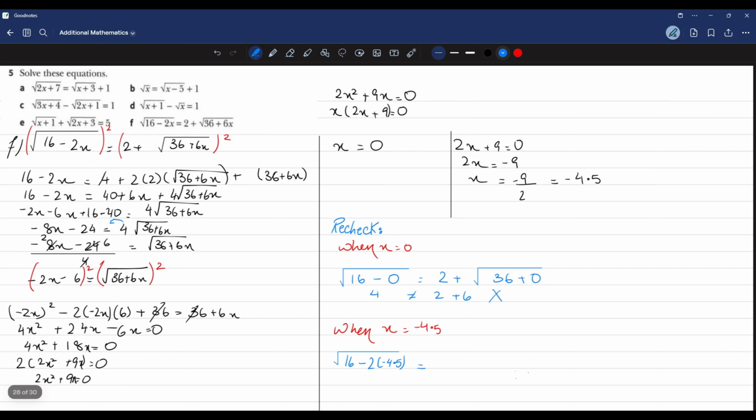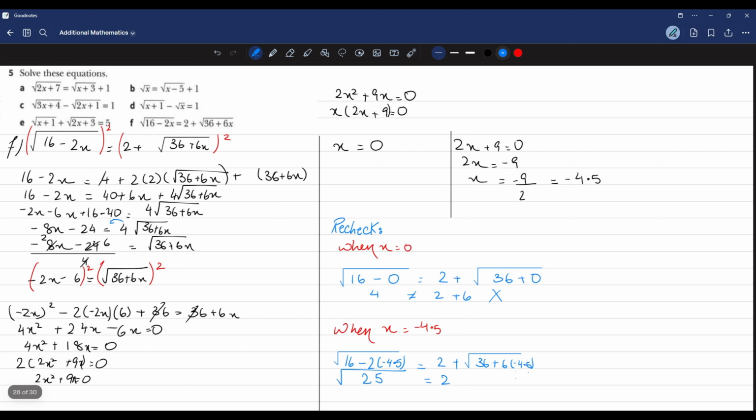It should be equal to 2 plus square root of 36 plus 6 multiplied by negative 4.5. Basically, if I simplify this, I get square root of 16 minus, what is 2 multiplied by 4.5? 9. And 16 plus 9, because negative multiplied by negative would give us positive. So 16 plus 9 would be equal to 25.